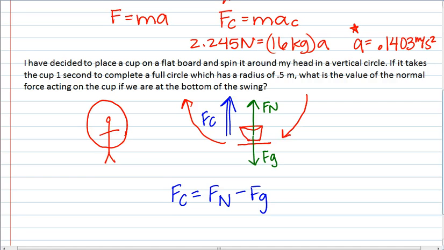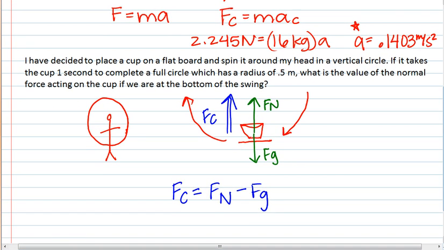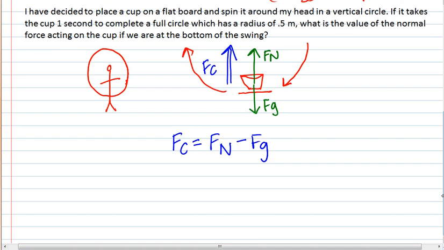So let's go through and see if we can solve for what the normal force actually is going to equal. Okay, so I know centripetal force can be 4 pi squared mr all over t squared. I'm going to set that equal to normal force minus mass times gravity.